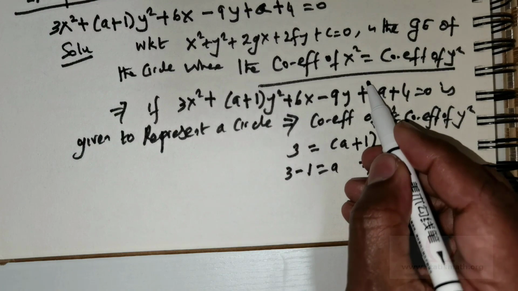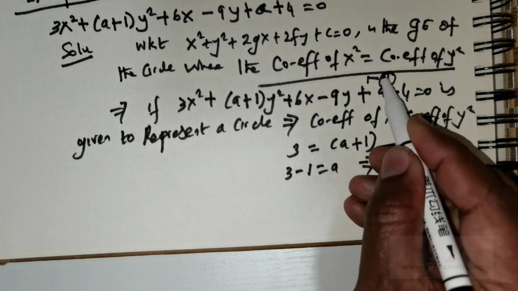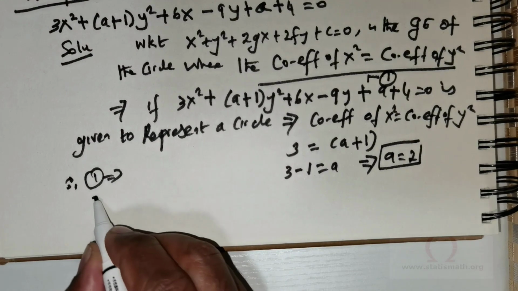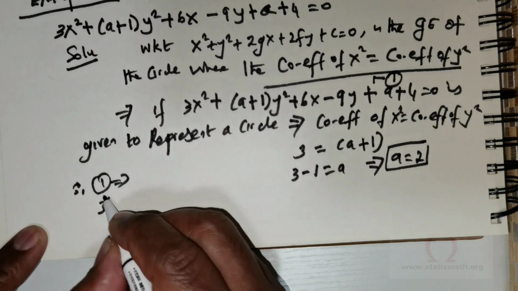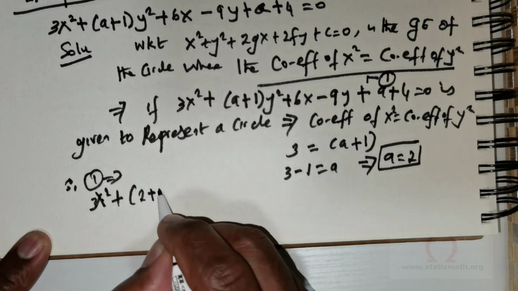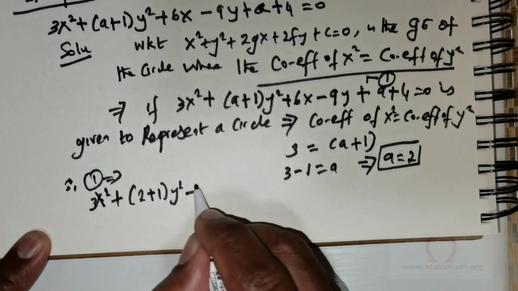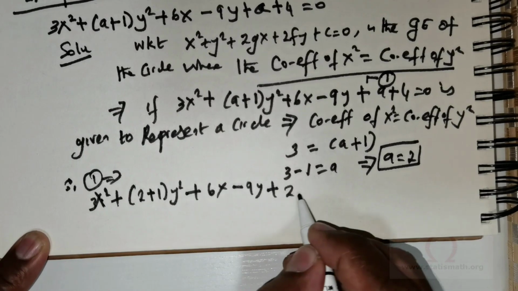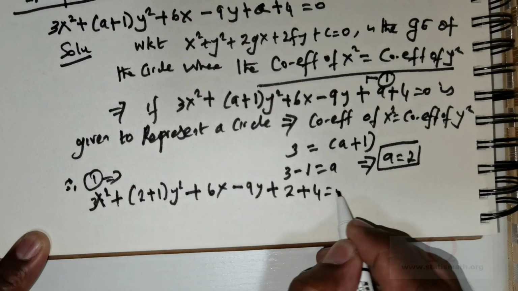So if I were to take this as 1, therefore 1 can be rewritten as 3x² + (2 + 1)y² + 6x − 9y + 2 + 4 = 0.